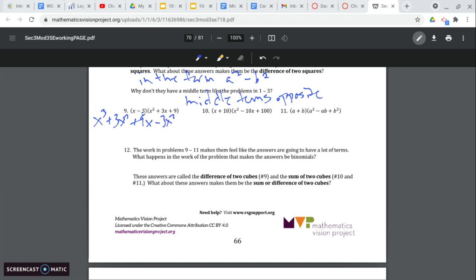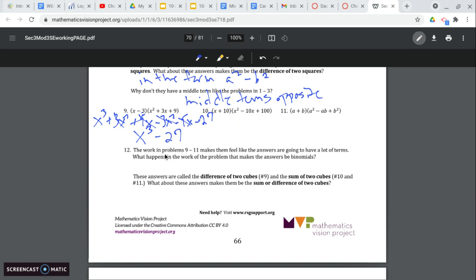Negative 3 times 3x is minus 9x. Negative 3 times 9 is negative 27. So we have a positive 3x and a negative 3x. They cancel. We have a positive 9x and a negative 9x. They cancel. All we're left with is x to the third minus 27. So that is what you'll be doing for those.